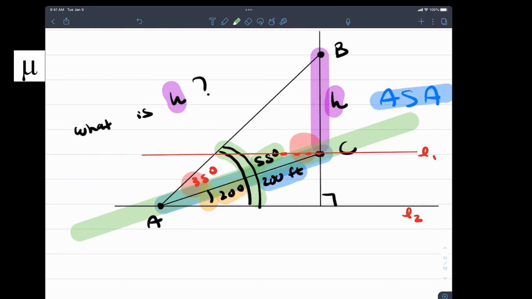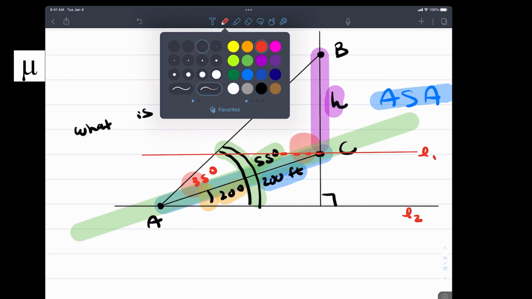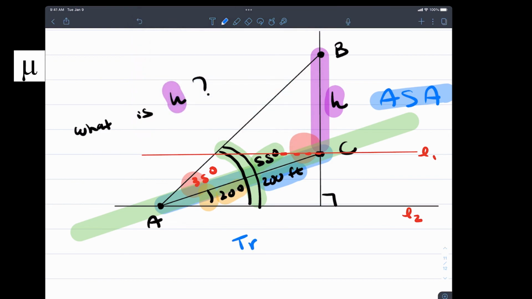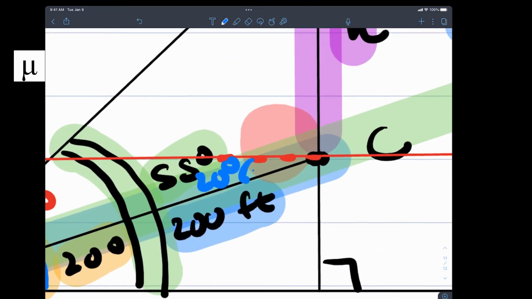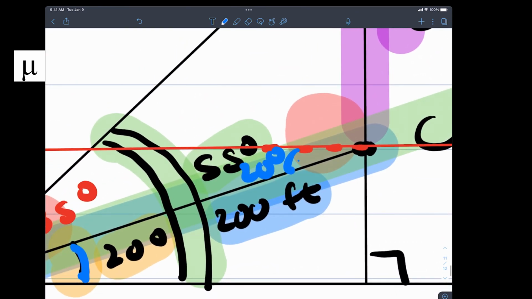Isn't that a transversal? And if this is 20 degrees, that makes this 20 degrees too. Which means if you have a corner, what's the corner measure right in here? Because you have a transversal, 20 degrees, and then you have a right angle.